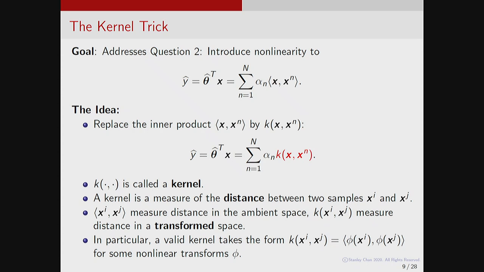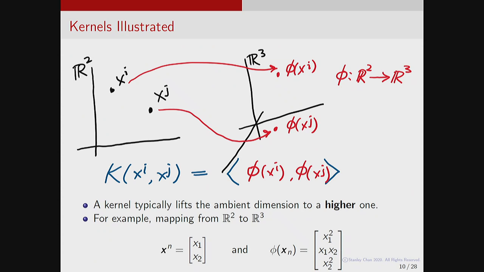Think about it. At the bottom of this slide, I'm showing that a valid kernel takes the form of the inner product of the transforms of two data points. Here is a pictorial illustration of what I mean.